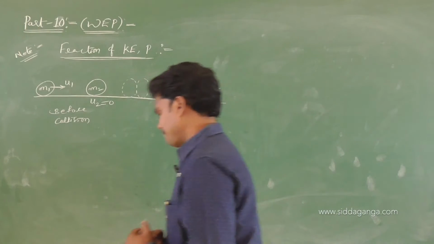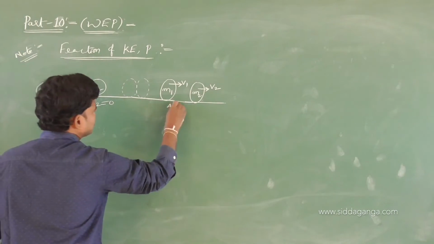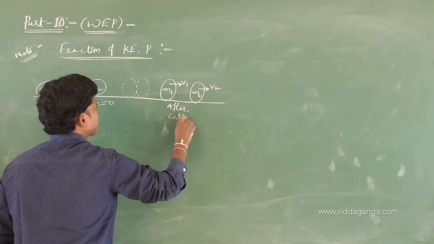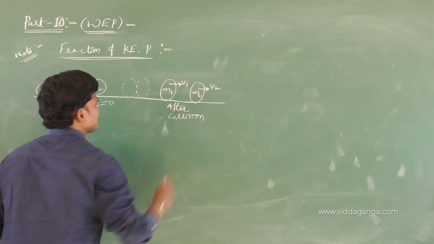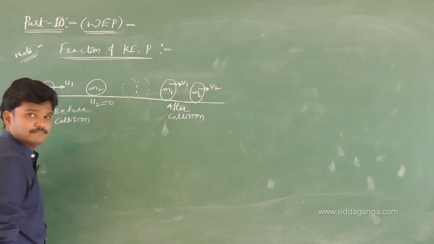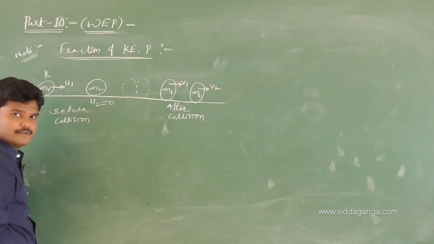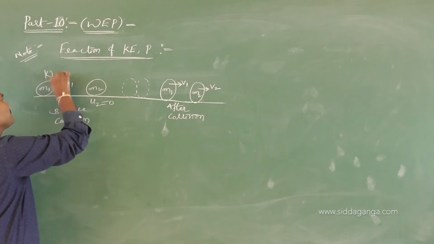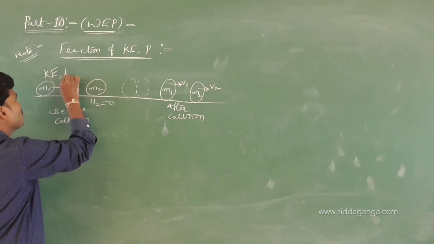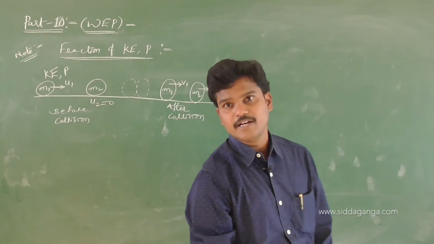See, before the collision, this particle has mass and velocity. So this particle has kinetic energy, KE, and this particle has momentum P. What are KE and P?